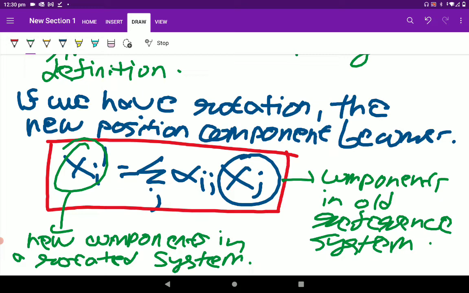So the new and old components are related by a transformation tensor, that is alpha ij. This is the transformation tensor.